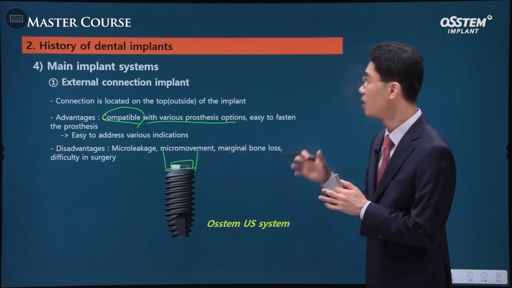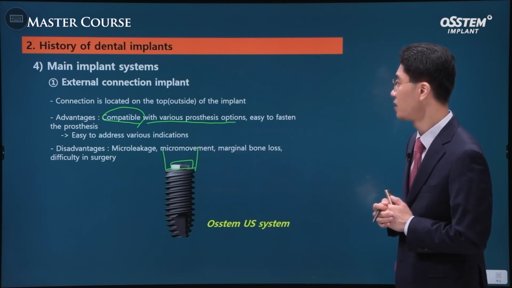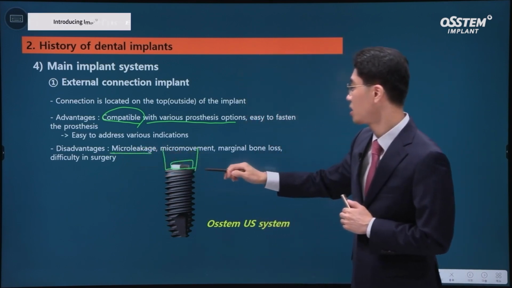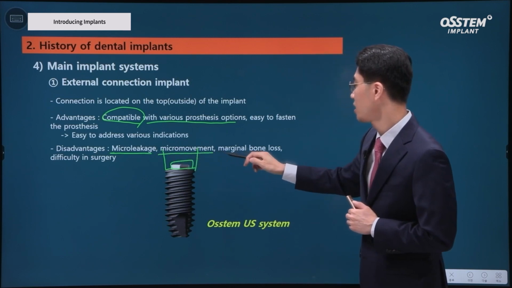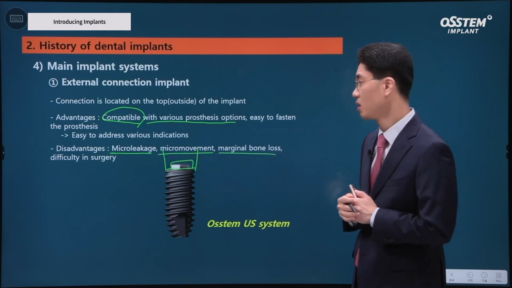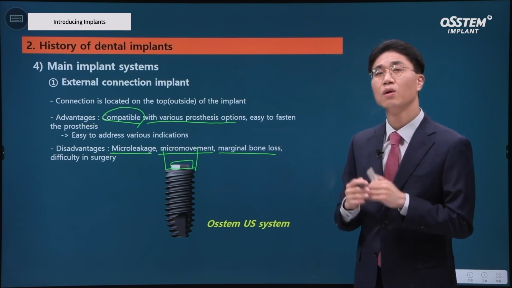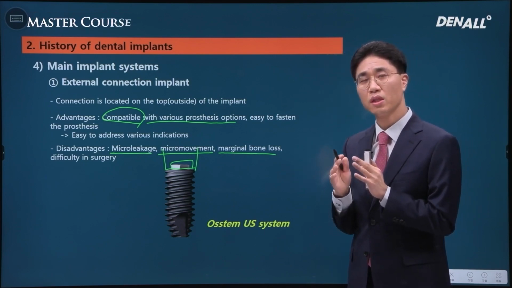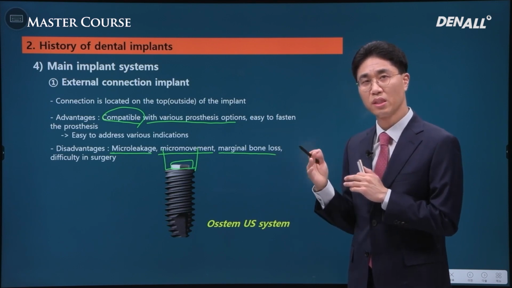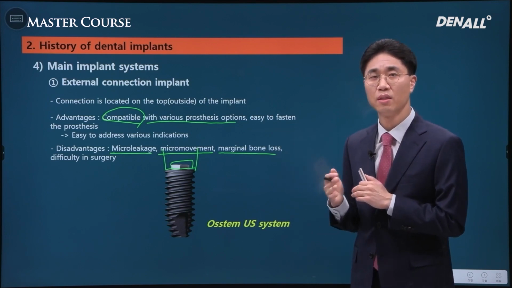Different crowns can be connected. Disadvantages include micro leakage, micro movement, and marginal bone loss. This is not to say that these problems only occur with external type implants. These problems do occur with internal implants as well.